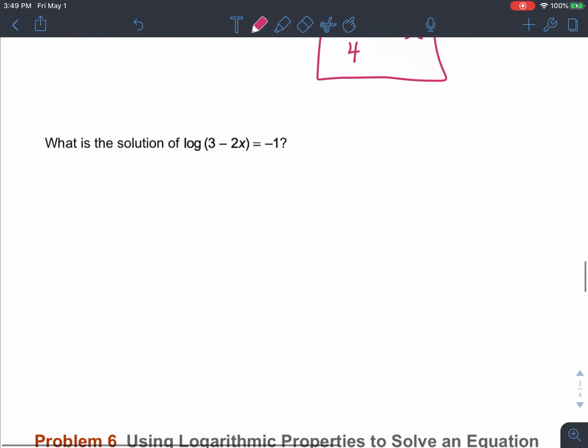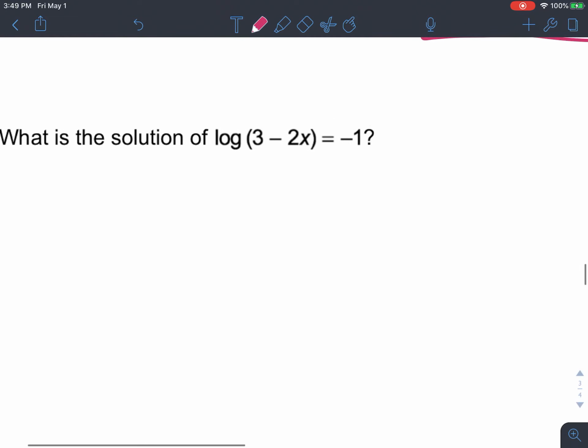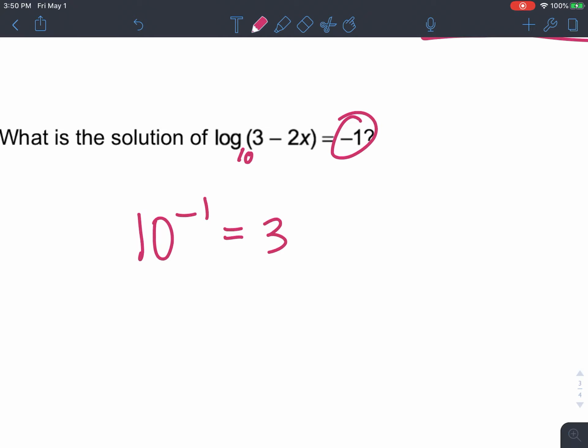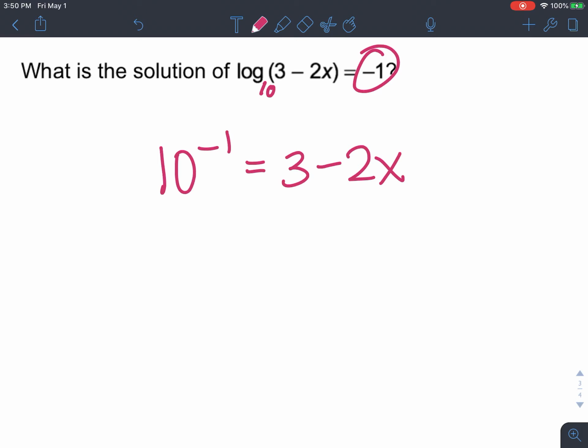Alrighty, let's try this one. Again, it has a log of a base 10 because it doesn't say, but if it did have a log with a different base, then that's the base you'd have to use. So we have 10 to the negative 1 equals 3 minus 2x. So 10 to the negative 1, you either want to change it to a decimal or a fraction. That's up to you. It doesn't really matter. You know what?